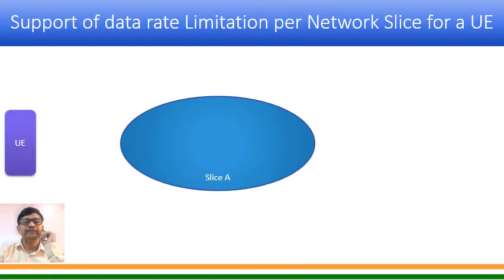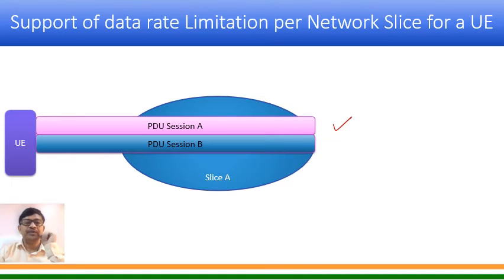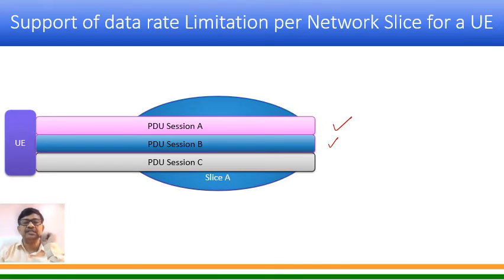So you have a UE, you have a slice, you may have PDU session A, PDU session B, PDU session C. In each PDU session, some data rate is being allowed for the UE.